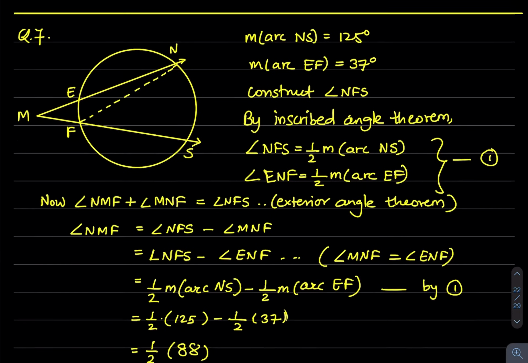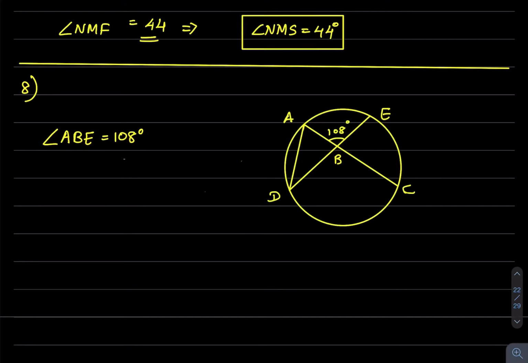So we need the diagram. Angle ABE is 108 degrees, and as this is 108 degrees, we will get this one as 72 degrees because this angle and this angle are angles in a linear pair. So 180 minus 108 degrees, we get this angle as 72 degrees.